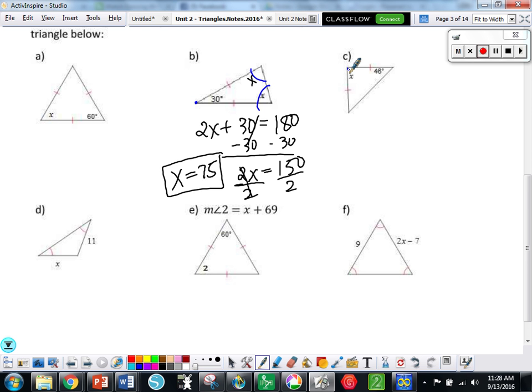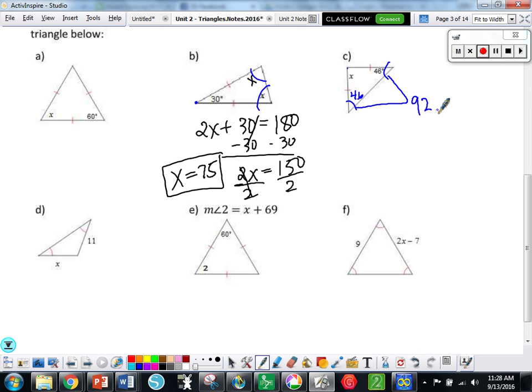This is my vertex. These are the bases. You said that was 46. When you add these two base angles together, what do you get? 92.